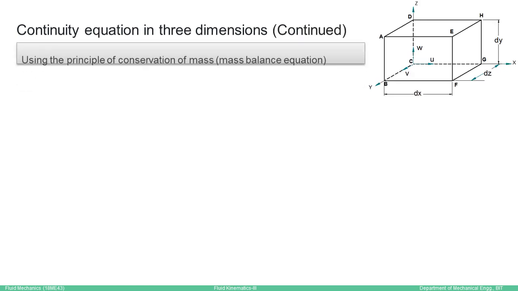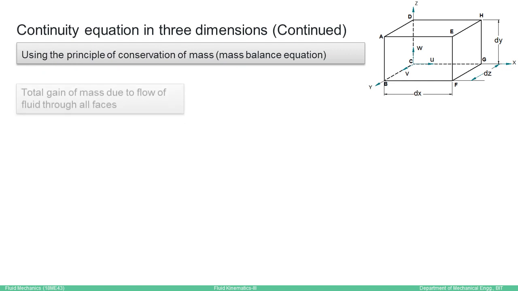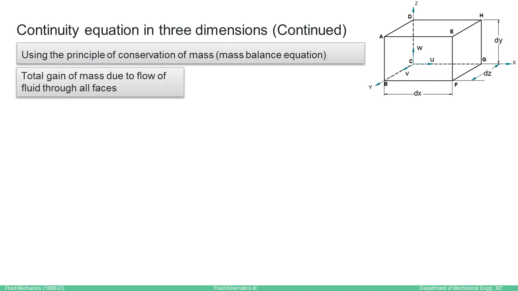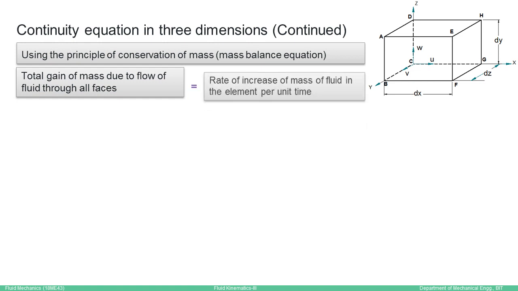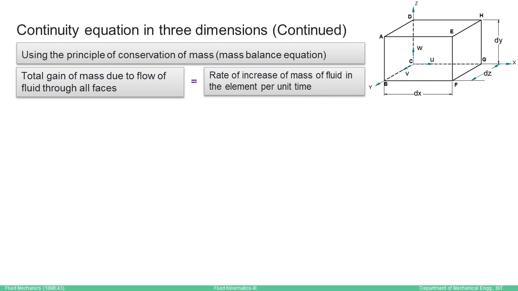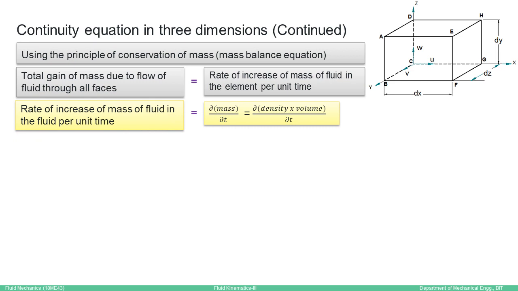Now using the principle of conservation of mass, the mass balance for the given condition is that the total gain of mass due to flow of fluid through all the faces should be equal to the rate of increase of mass of fluid in the element per unit time. The left hand side is already expressed in the previous slide. The right hand side is nothing but the rate of increase of mass within the element per unit time.